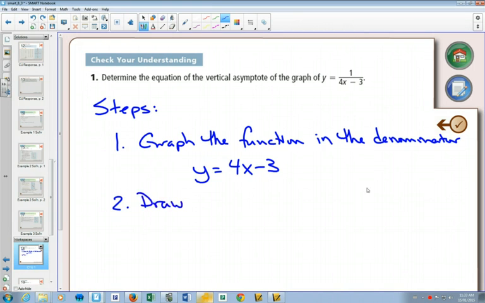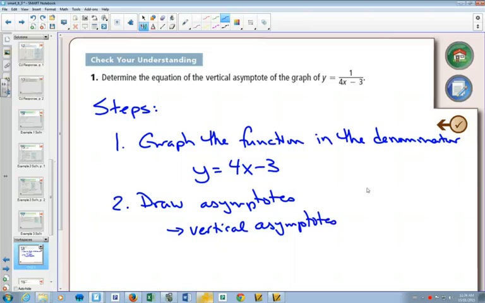We're going to draw our asymptotes. We're going to make our vertical asymptotes at every x-intercept on our original graph.